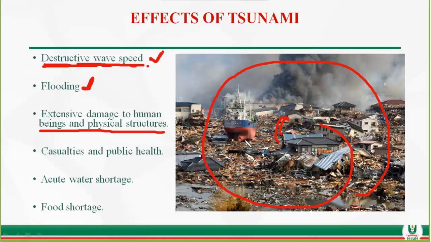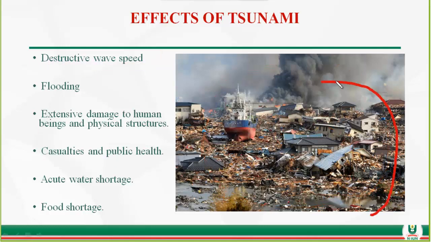Then it records a lot of casualties in public health, where there's widespread disease. In this type of environment, there's likely going to be the emergence of threatening diseases, so it becomes a problem to public health.